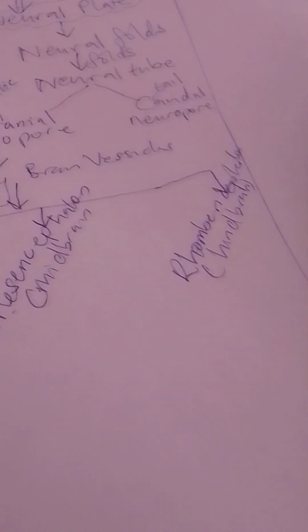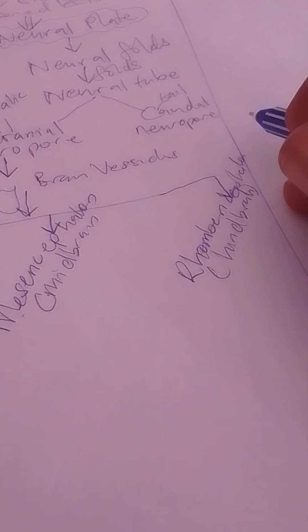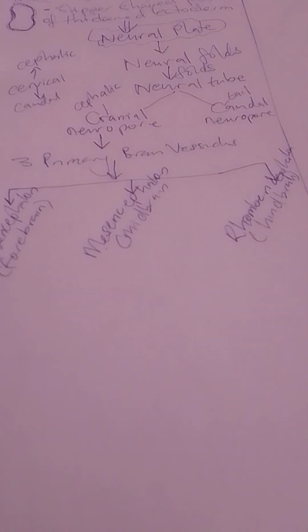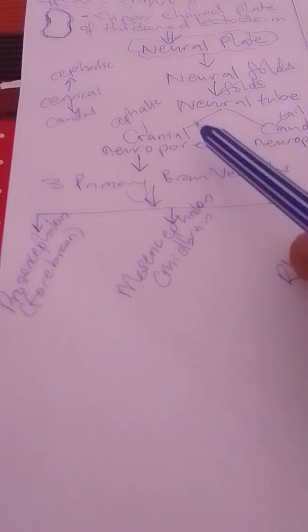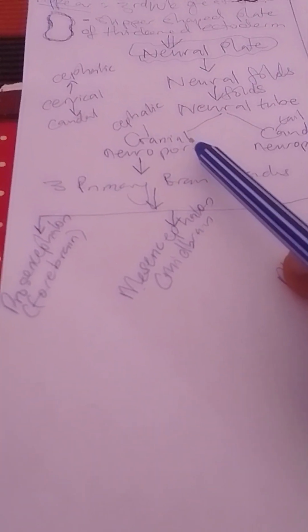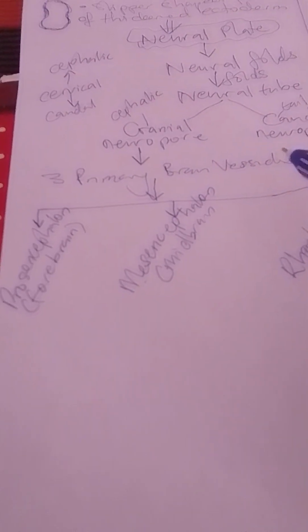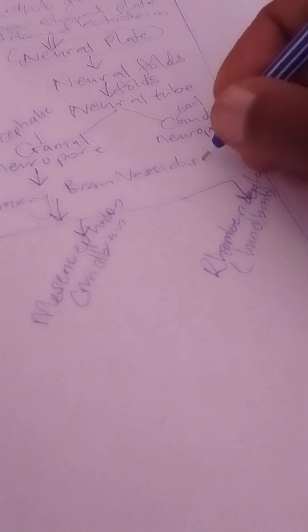Alright. So this is some good stuff right here. Okay, so before we even get into what each of these 3 different brain vesicles differentiate into, we need to know and remember that at this cranial pole, apart from it differentiating into these 3 primary brain vesicles, it's going to form flexures also.